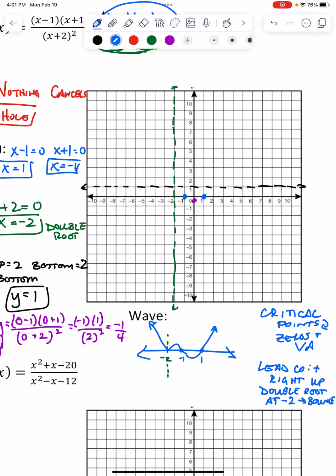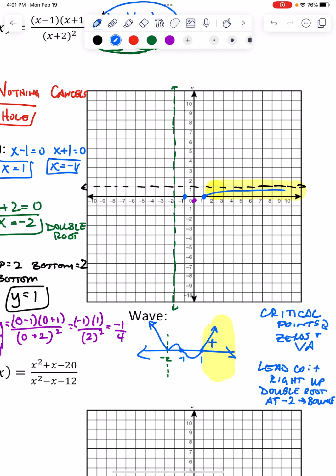So again, if we break this up into sections, okay? Over here, when we're to the right of positive 1, we want to be positive, right? So we want to be above the x-axis.